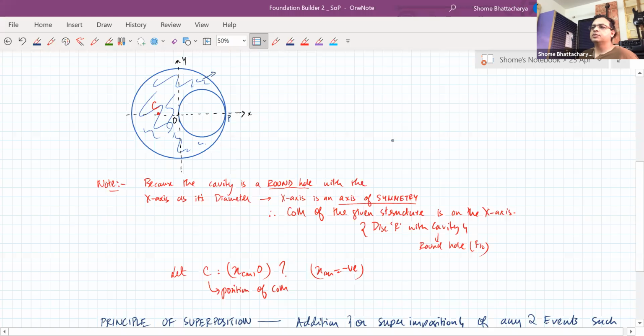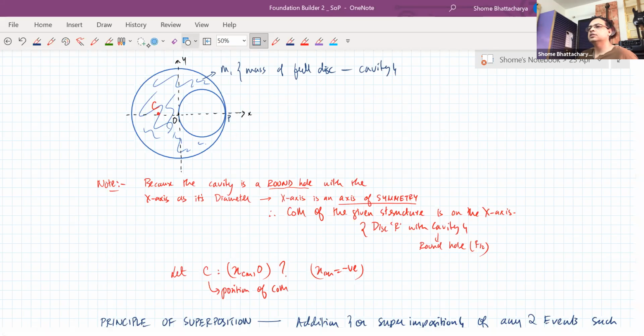So can I make use of that concept? Suppose this mass is m1, the mass of the full disk minus the cavity which I have removed. Suppose I superimpose this mass m1, with its round hole, with the round disk of radius r/2 placed back over here.